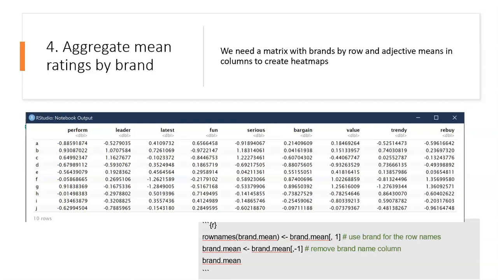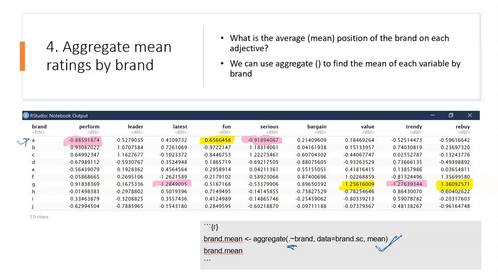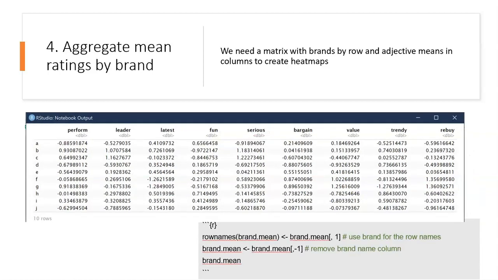The transformation includes that we need to use brand for the row names, and we have to remove the brand name column. You can see the difference between this, where brand is a column, but here brand names are used as row names.